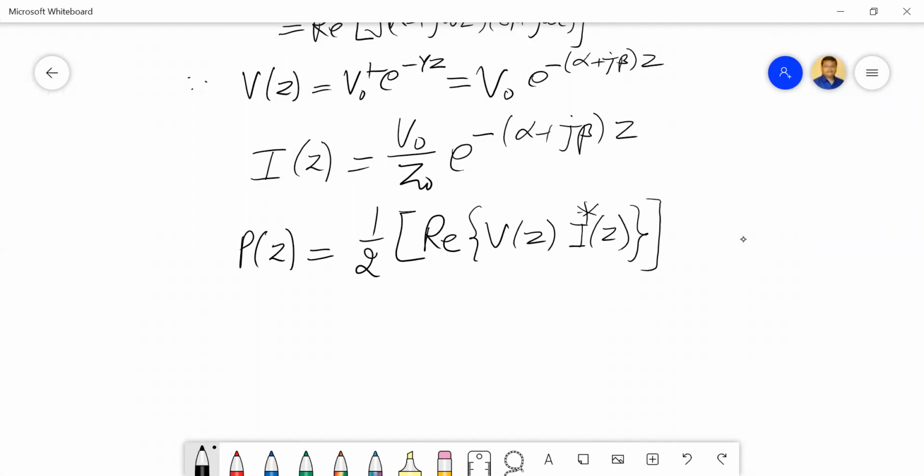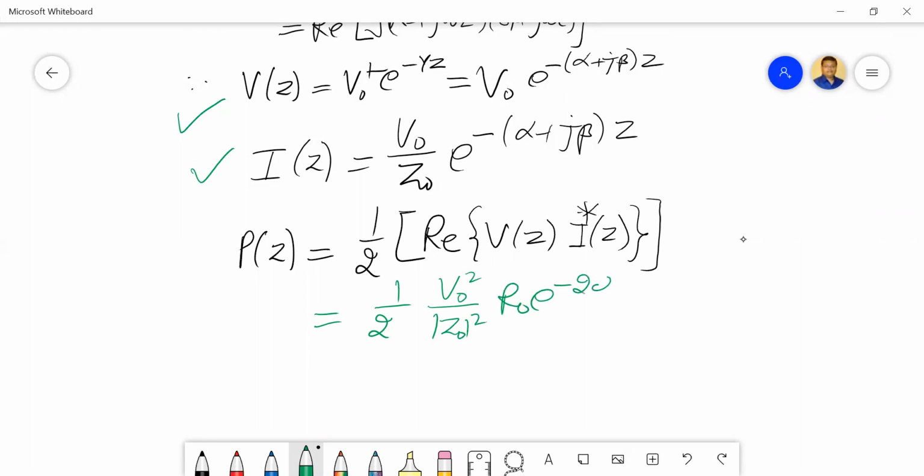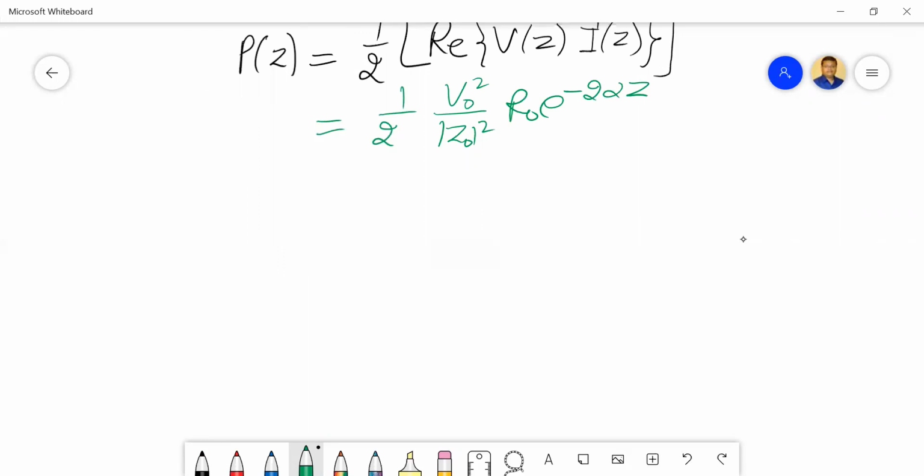If you solve this, you have to utilize these two outcomes, and finally you can write half V naught square over Z naught square R naught e to the power minus 2 alpha z. Please try to solve. This is a one step solution here.